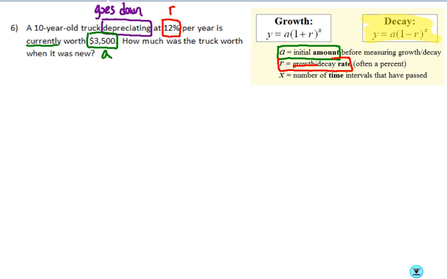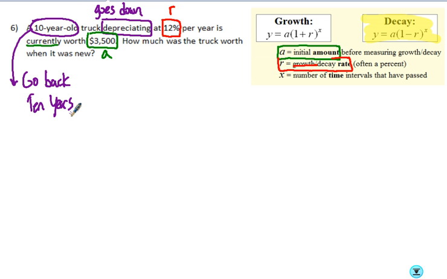And what else do we need to know here? We need to know time. What are we talking about with time? It says a 10-year-old truck, what was it worth when it was new? So we're going back 10 years, because we want to know what it was worth when it was new.